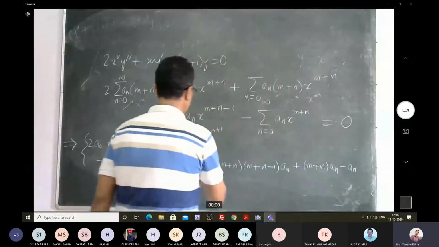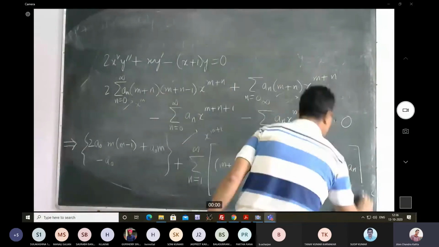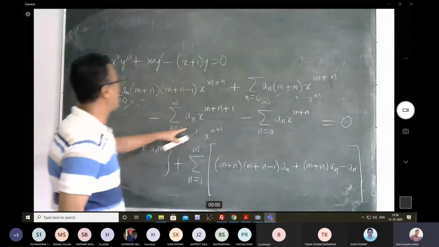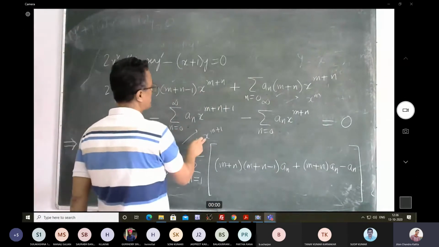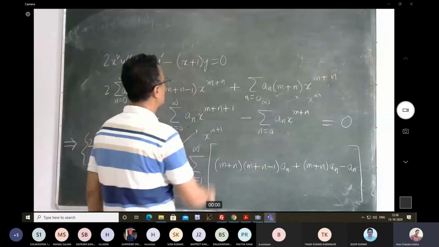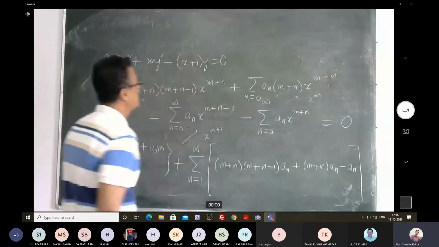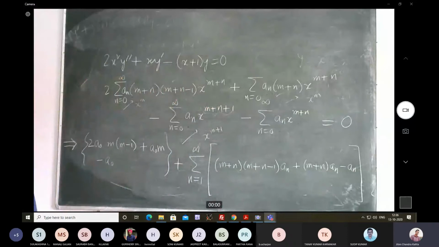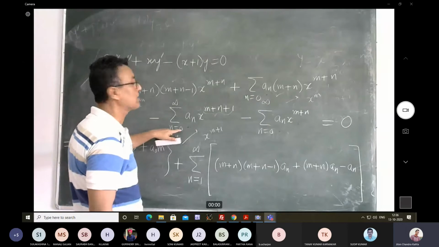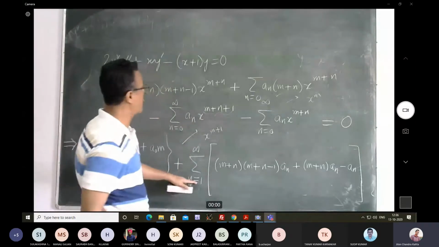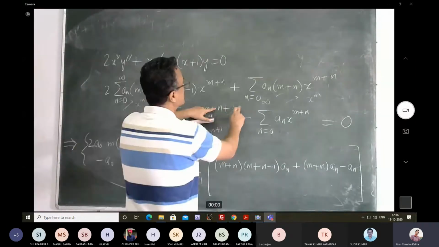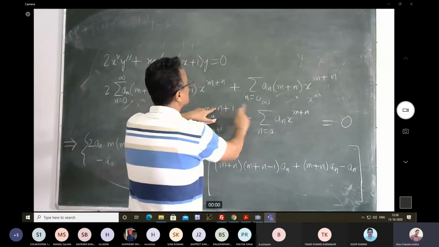Okay. So now let me come to this one. You can see that this one is starting from n equal to 0, but the very first power was actually for m plus 1. So if I plug in m plus n equal to p, then what is going to happen? Corresponding to n equal to 0, your p is going to be equal to 1. So again, this is going to start from n equal to 1. But once n plus 1 becomes equal to p, n equals p minus 1.